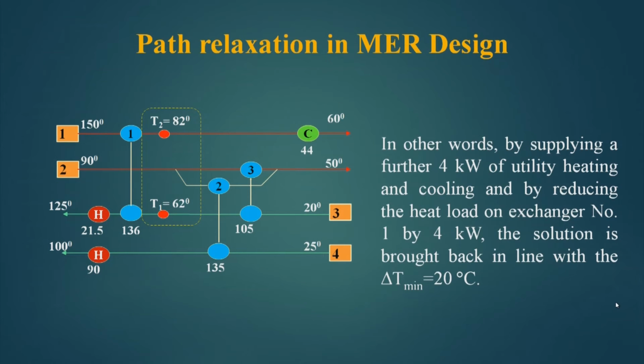So, in other words, by supplying a further 4 kilowatt of utility heating and cooling, and by reducing the heat load of exchanger number 1 by 4 kilowatt, the solution is brought back in line with the delta T minimum 20 degree centigrade.